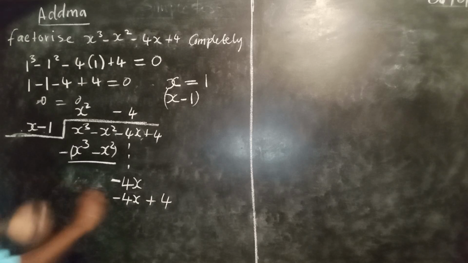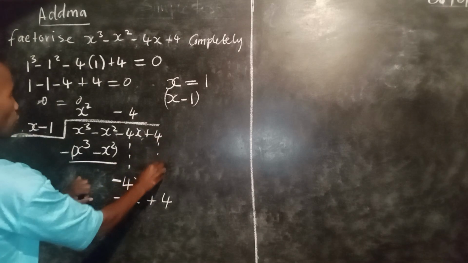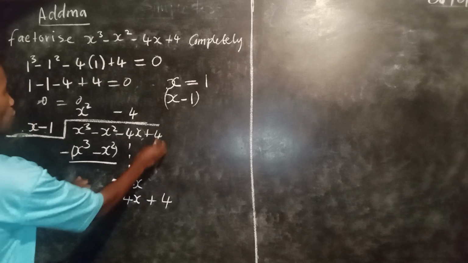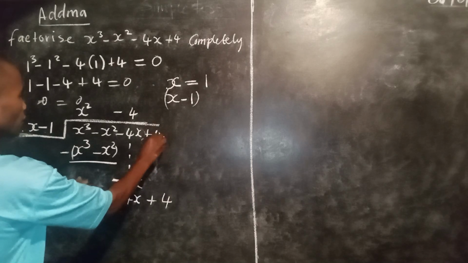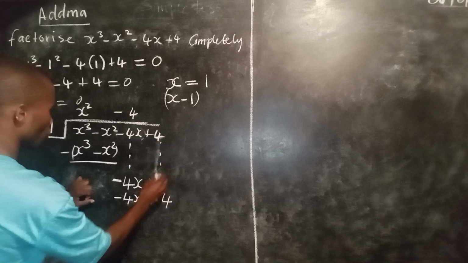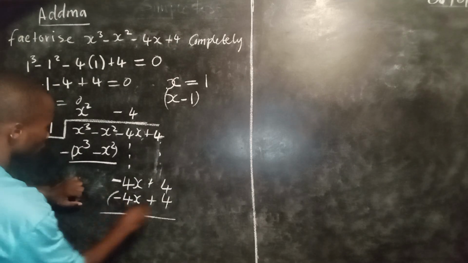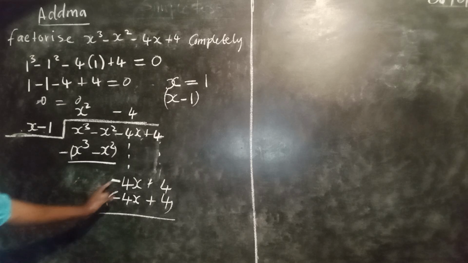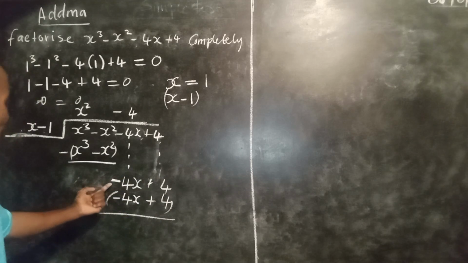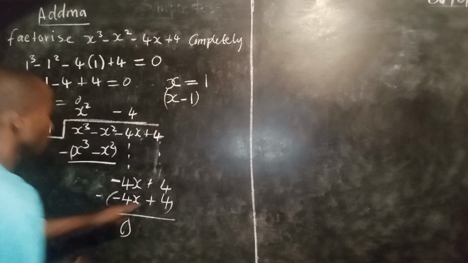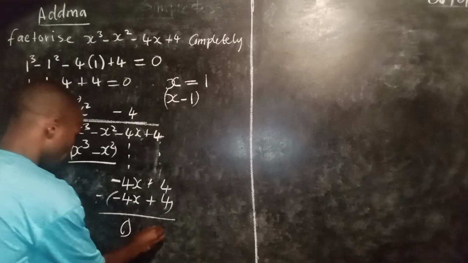Since we still have a number there, we subtract from this one, which is positive also. So when we subtract everything here, negative 4x minus negative 4x, the answer is 0. Then 4 minus 4, the answer is 0.